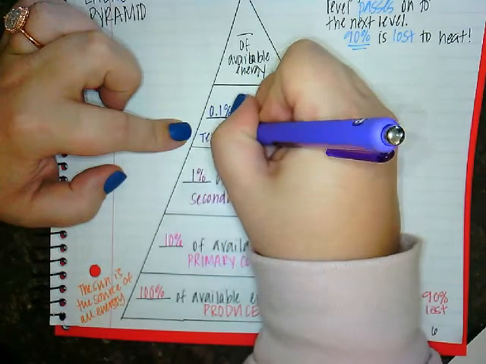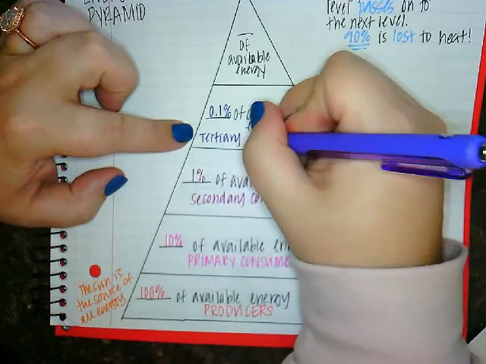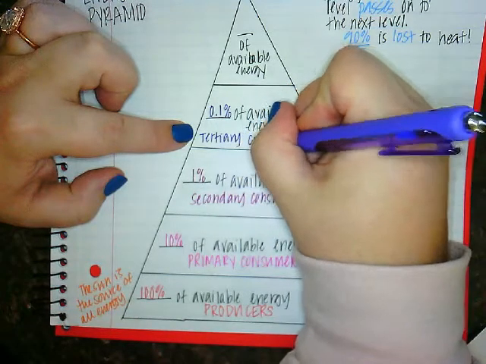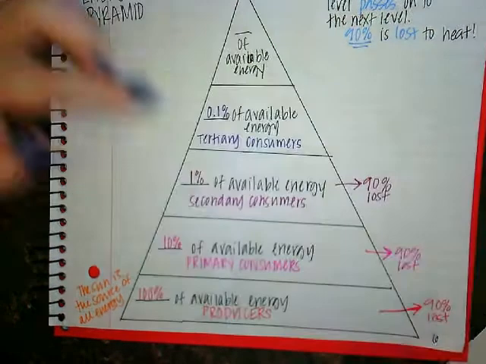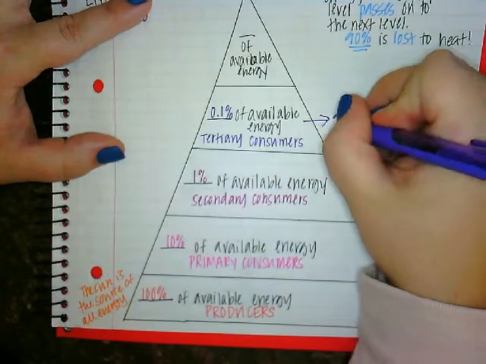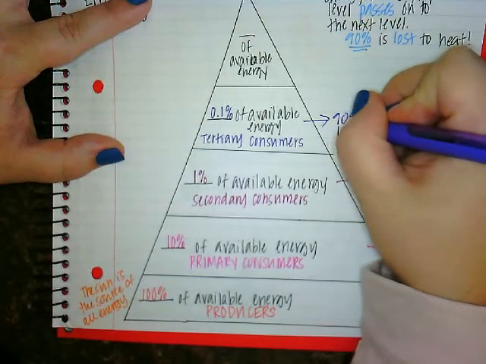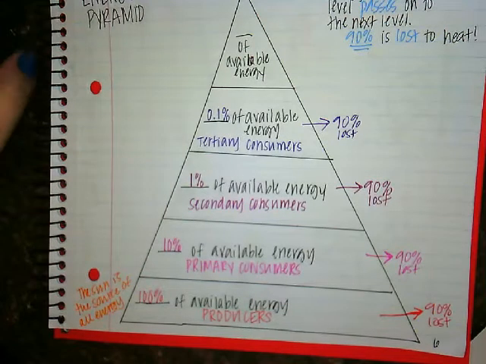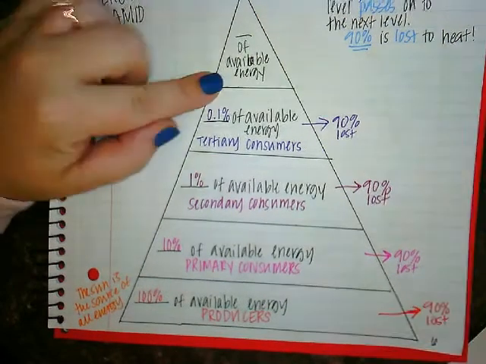So those tertiary level consumers get only 0.1%, which is pretty crazy. Again, in that level, you're going to lose 90% to heat.